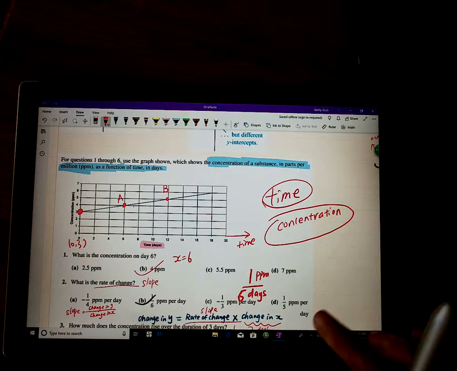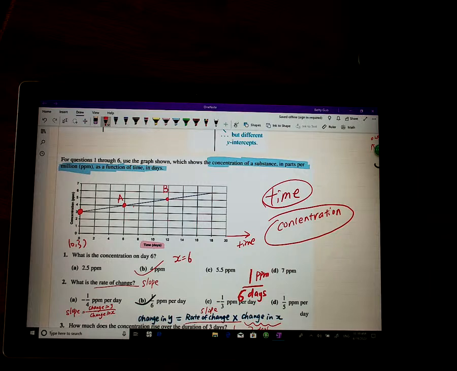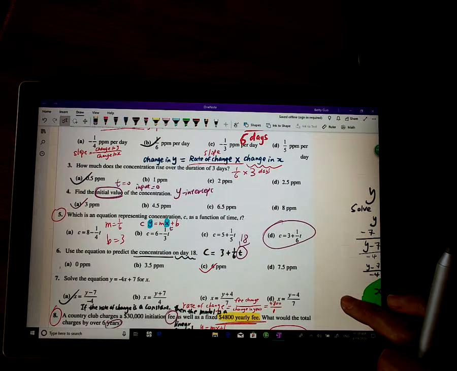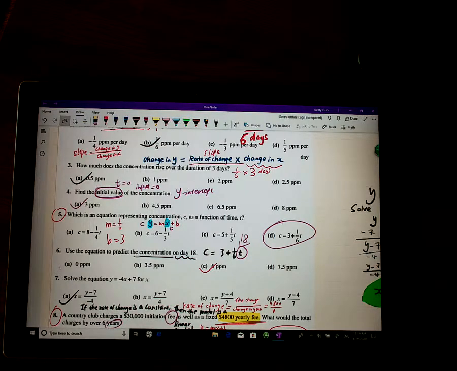So we're going to connect the initial value of a linear modeling problem as the y-intercept of the linear function. One more time. They are the same thing. The initial value of a linear modeling problem actually is the y-intercept of the linear function, because the y-intercept has x value equals 0. If x represents time, then that's the initial value. So we should choose A, 3 ppm.